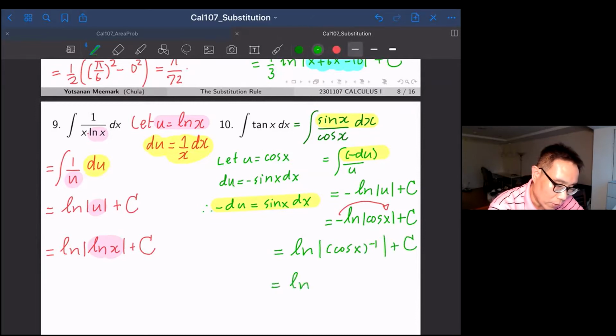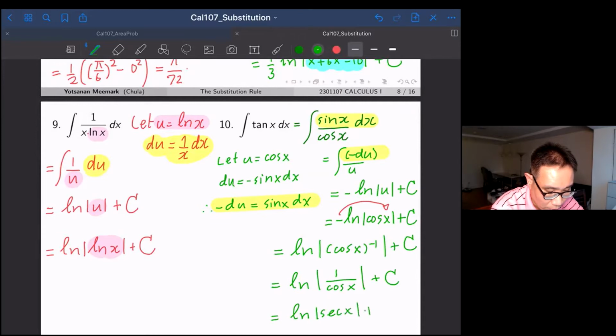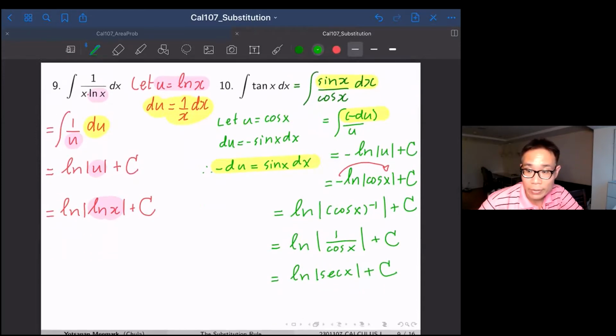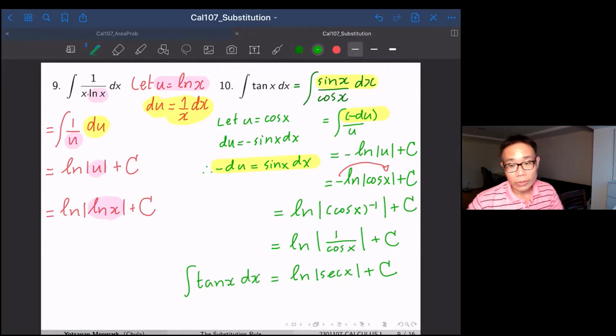So you get log of absolute 1 over cos x plus c, so it's log absolute secant x plus c. This is the one we're going to use: the integral of tan x dx turns out to be log absolute secant x plus c.